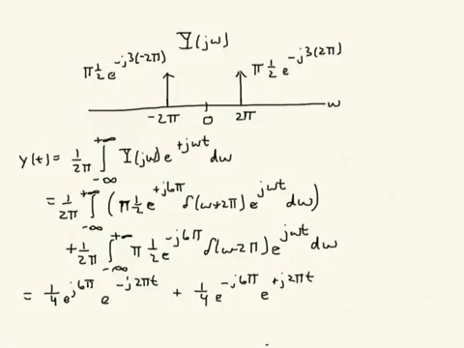And what you'll notice is this is exactly the same expression as we've gotten before, and so we could easily reduce this to 1/2 cosine of 2 pi t minus 6 pi, or 1/2 cosine 2 pi times t minus 3. Okay, this is exactly the same answer that we've gotten previously, so we can put a check mark there.